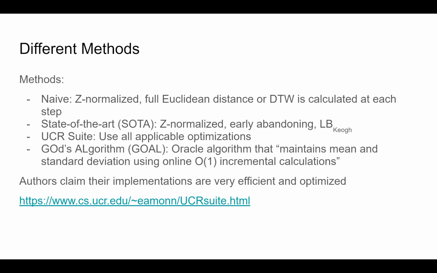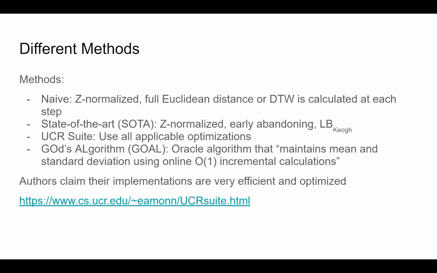The authors ran many different experiments and utilized 4 different methods to compare the results. The naive approach is normalizing the data and computing the full Euclidean distance or DTW measure. The state-of-the-art applies the same normalization techniques, but also introduces early abandoning and lower bounding. The UCR suite proposed by the authors utilizes all of the optimizations introduced earlier in the paper.